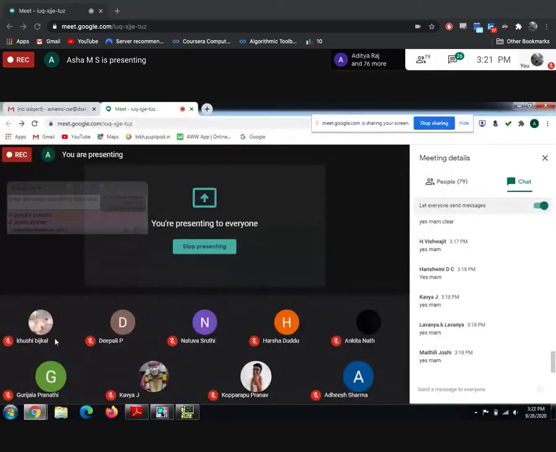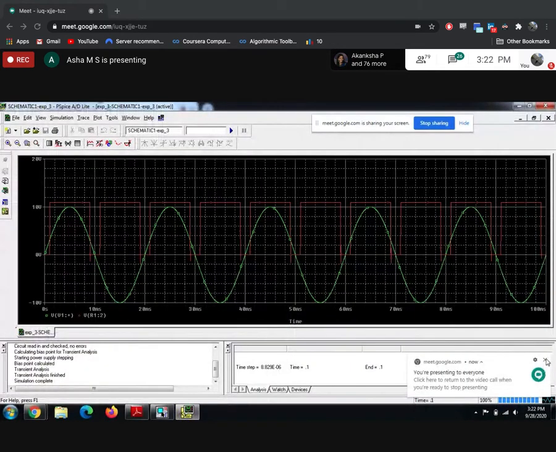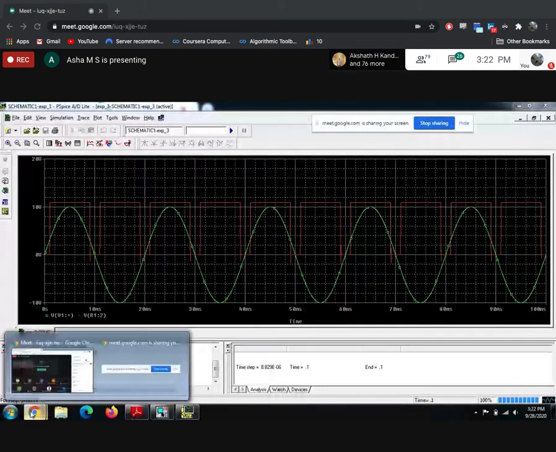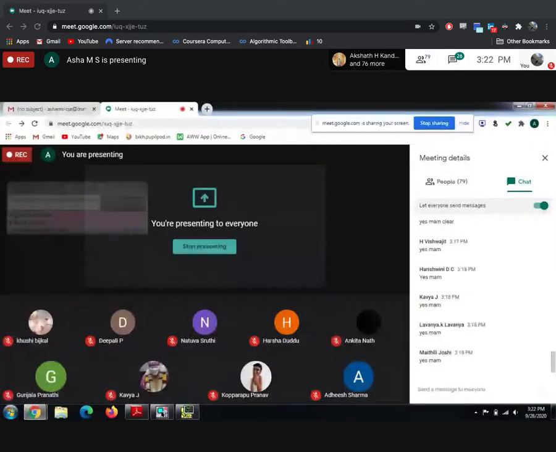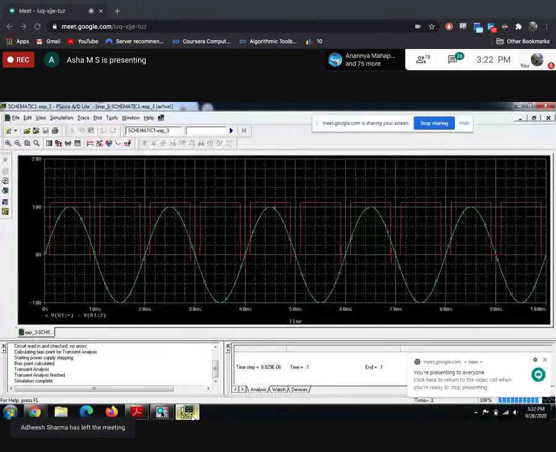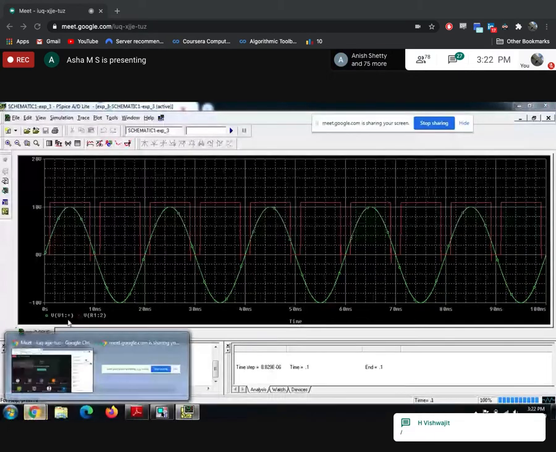Pranav, your output is still not correct. Just now I rigged up the circuit and showed the output also. I think it's Pranav only, 751. Is this Pranav, 751? Yes. So Pranav, what's the problem with your circuit? Send your circuit. Others, any doubts?